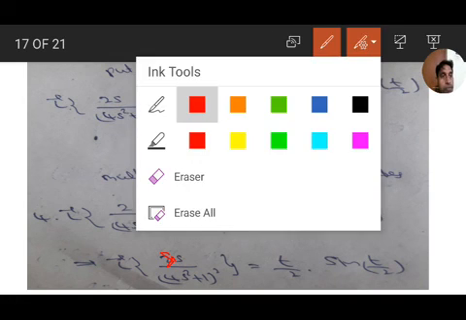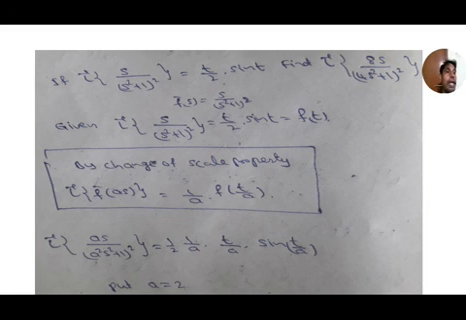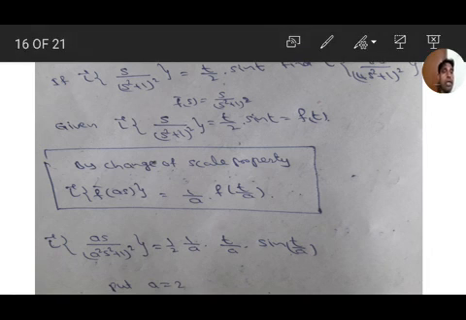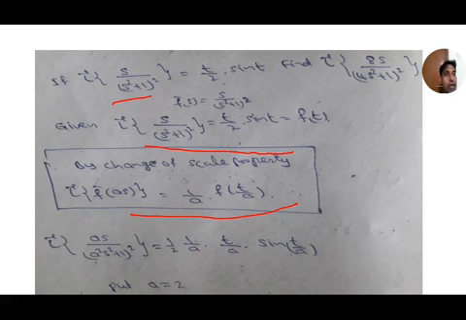So L inverse of 8s by (4s square plus 1) whole square equals t by 2 into sin t by 2. To recap: the given function is f bar s and its inverse Laplace transform is already given. By the change of scale property, L inverse of f bar of as equals 1 by a into f of t by a. With a equal to 2, we get 2s.